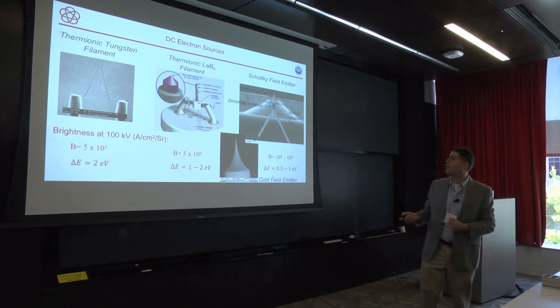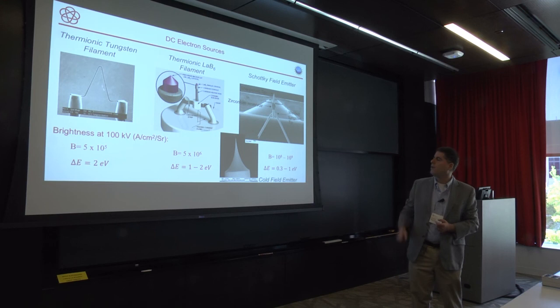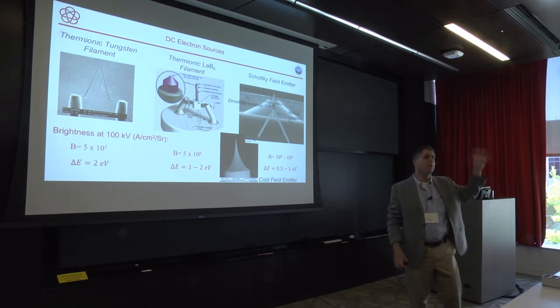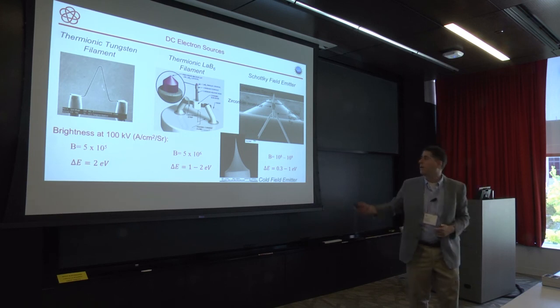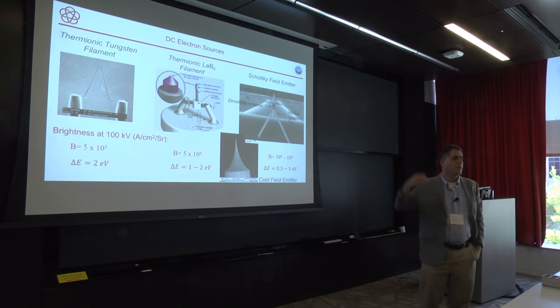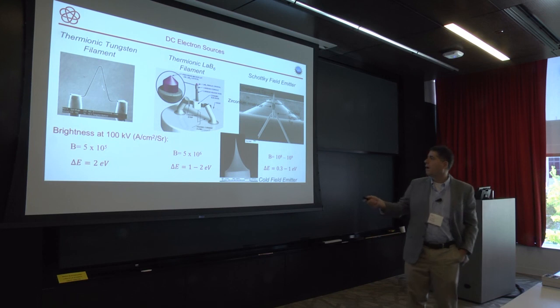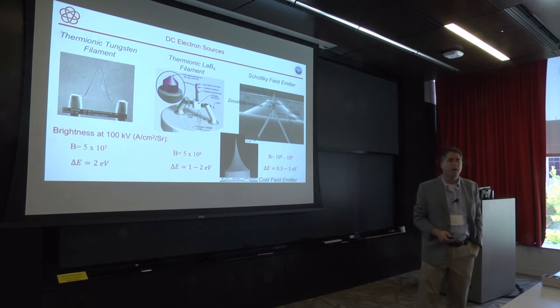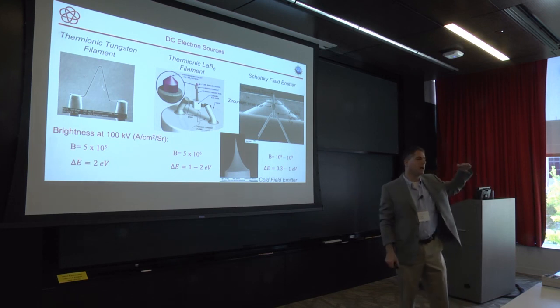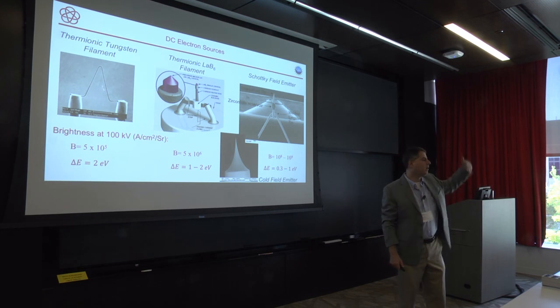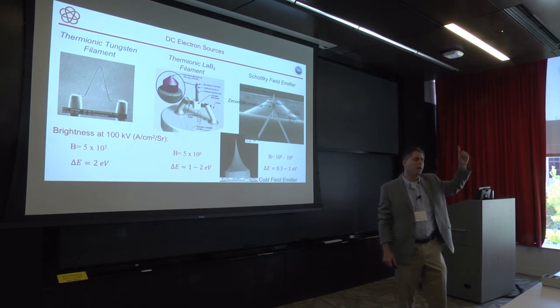Our extraction voltage, my first anode, is at about 3 kilovolts, so the electrons are moving very slowly as they come off this tip. The reason I'm setting it at 3 kilovolts is I have to stabilize the power supply. My emission is exponential in the extraction voltage, so if I put a 100 kilovolt supply at that point and it oscillated, my beam current would fluctuate too much.